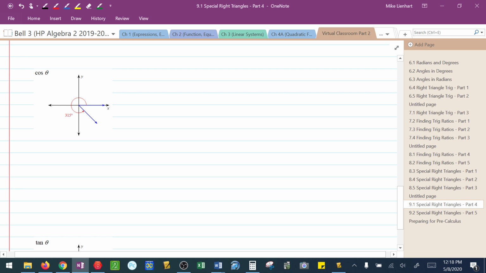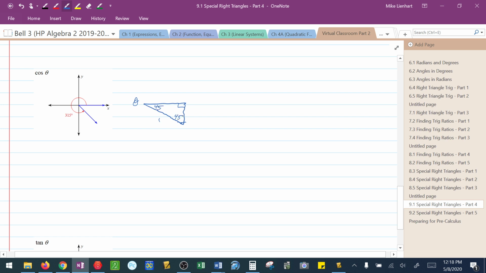Let's try the cosine here. Sketch my triangle. Terminal side, positive x-axis, and forming a right triangle with the hypotenuse 1, and theta is always back at the origin. Now I know that positive 315 is 45 degrees short of the axis.